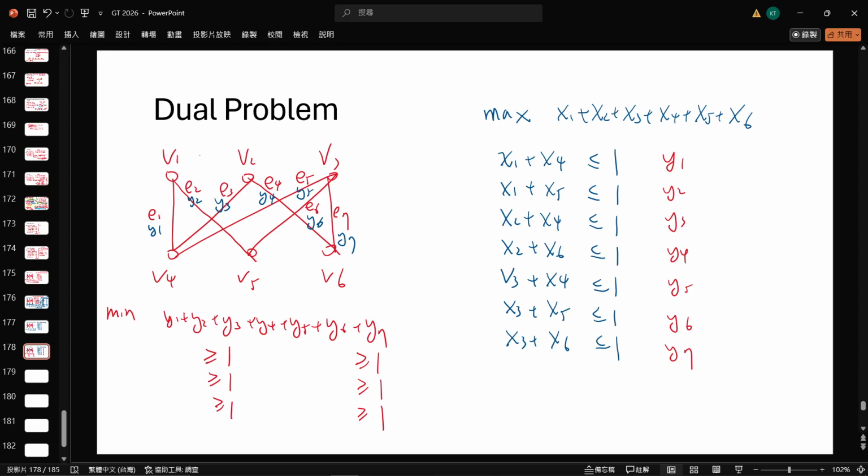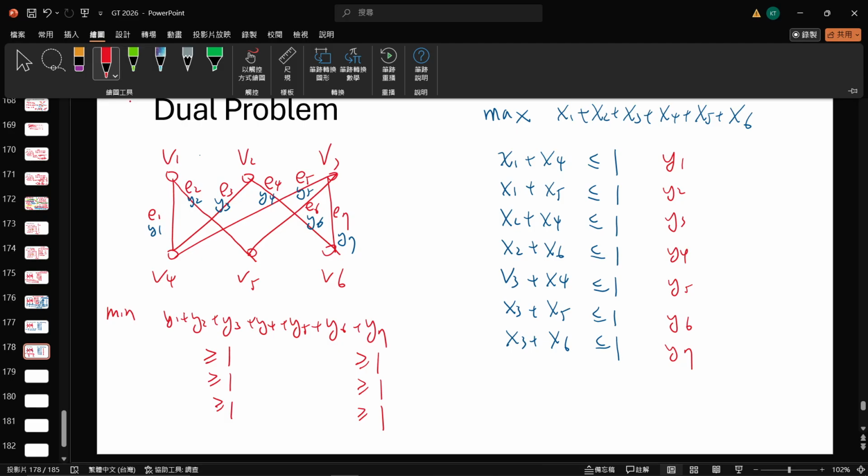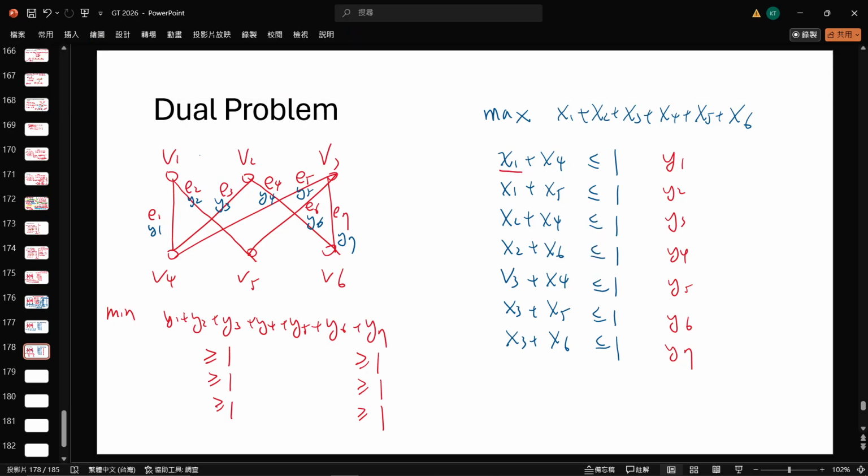Okay, so let's see what's the coefficient of x1. So x1 appears in the first two constraints, okay, corresponding to y1 and y2. So y1 plus y2 is at least 1, okay?